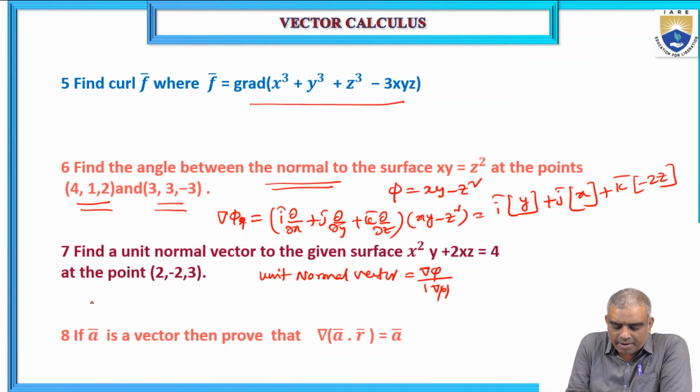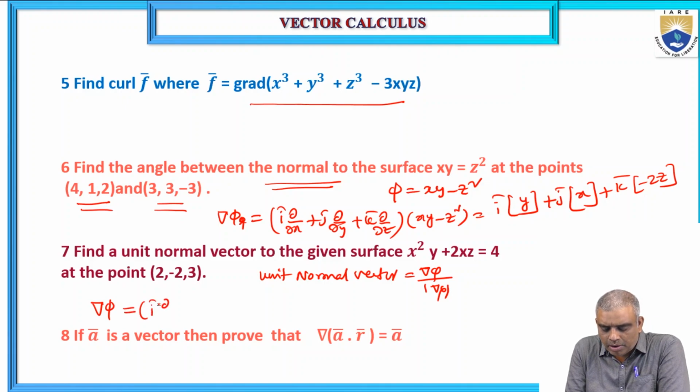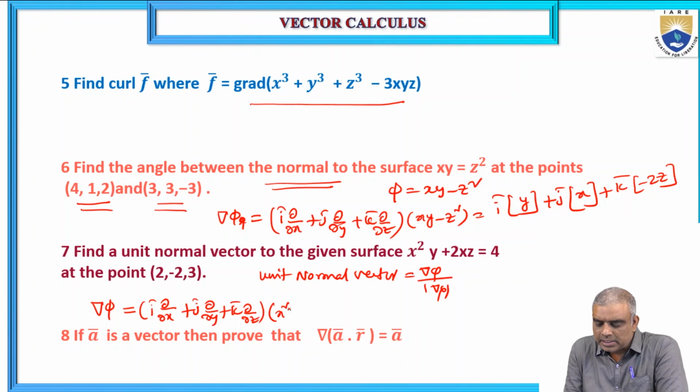So first find grad phi. What is grad phi? I bar dou by dou x plus j bar dou by dou y plus k bar dou by dou z of, what is the function? x square y plus 2xz minus 4.